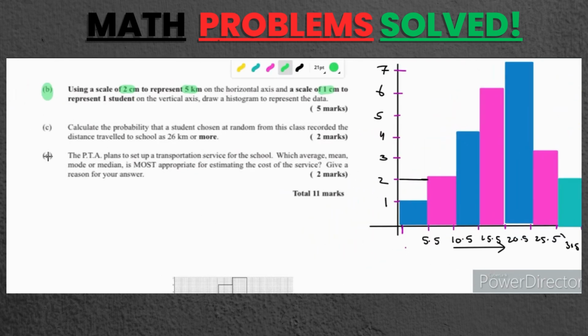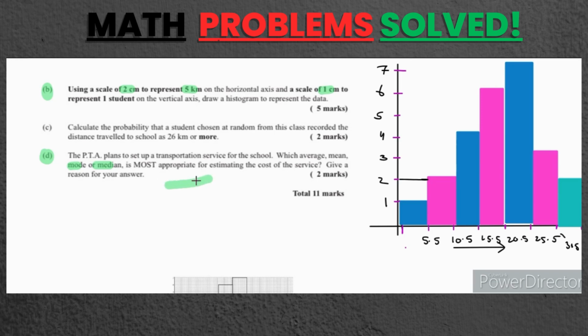Then what it says, the PTA plans to set up a transportation service for the school, which average, mean, mode or median, is most appropriate for estimating the cost of the service. Give a reason for your answer.